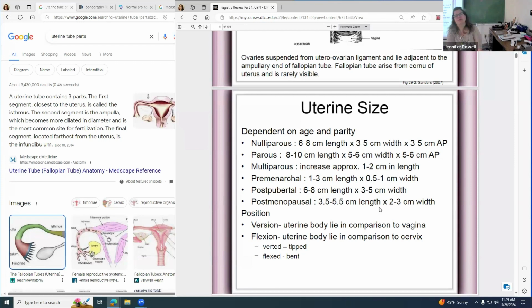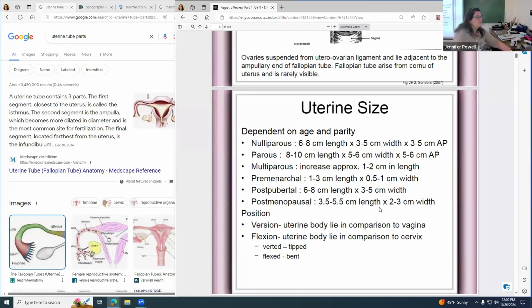Gravida is how many pregnancies, parity is how many live births. Even a stillborn over 24 weeks counts towards gravida, as well as miscarriages or abortions, whether therapeutic or spontaneous. Gravida is just how many times you've been pregnant. Parity is how many births.